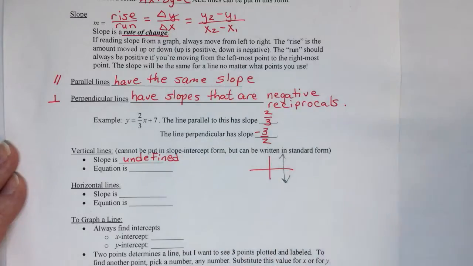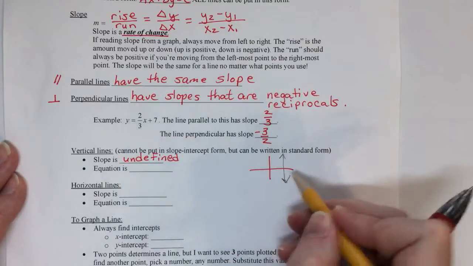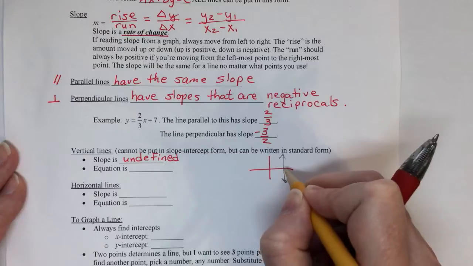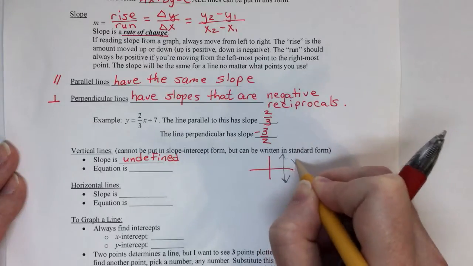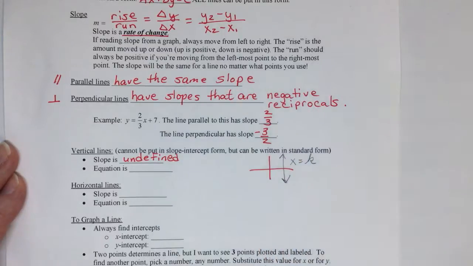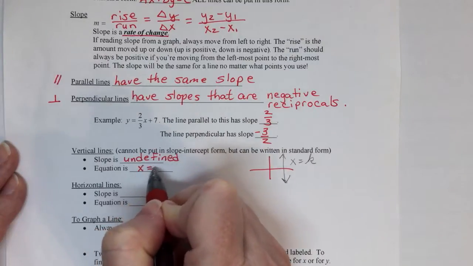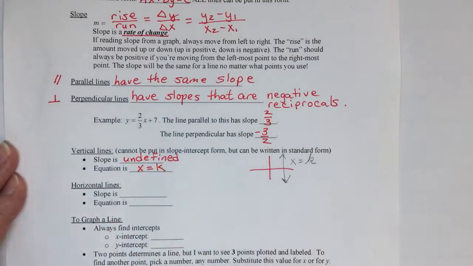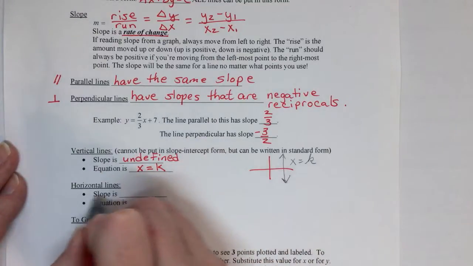We don't go left or right at all. The equation for a vertical line, y could be any number, but x is fixed. So x is k. X is always the same number, so you get to pick values for y.